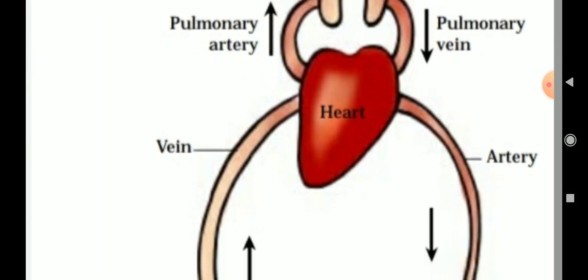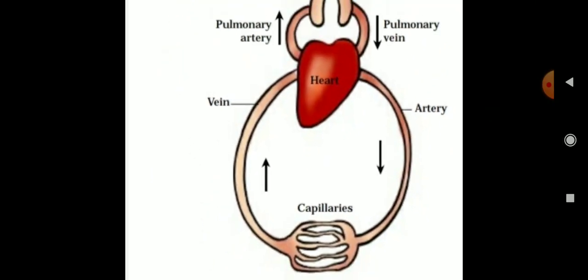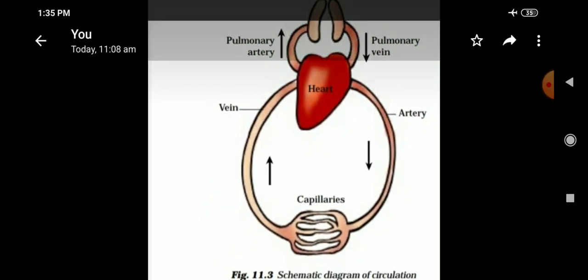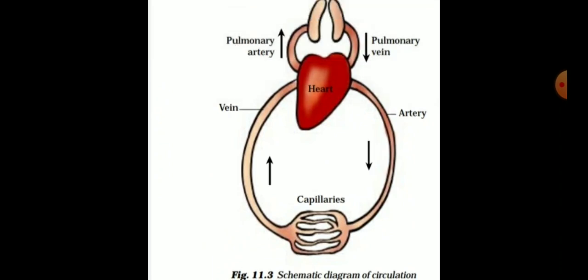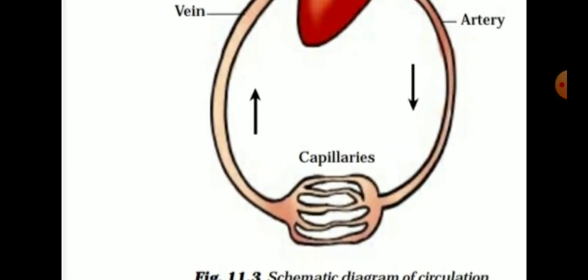Then heart. See the picture, the arteries and veins join with capillaries. Already we learned blood vessels have two types, arteries and veins. Capillaries means the small blood vessels.